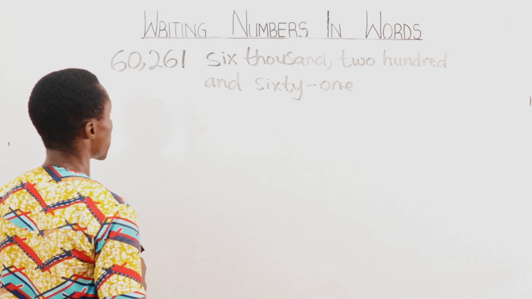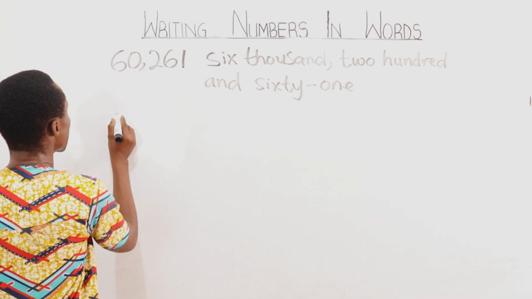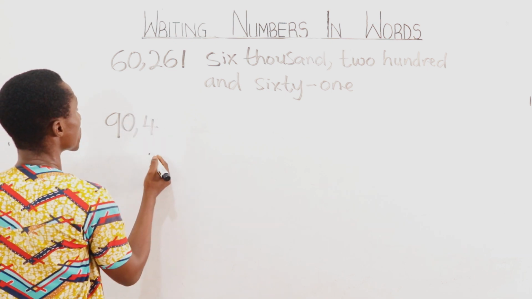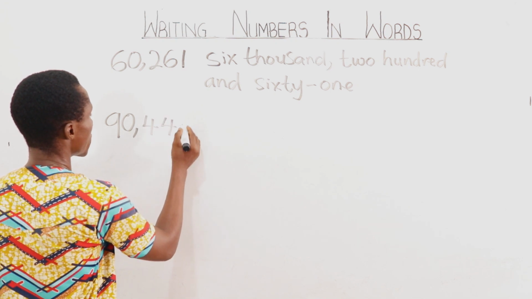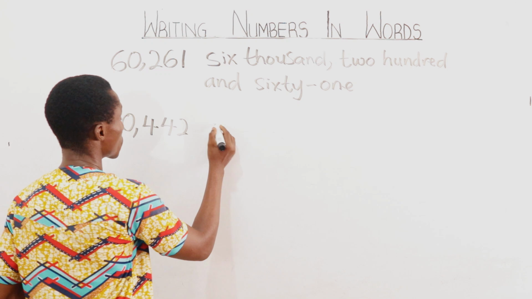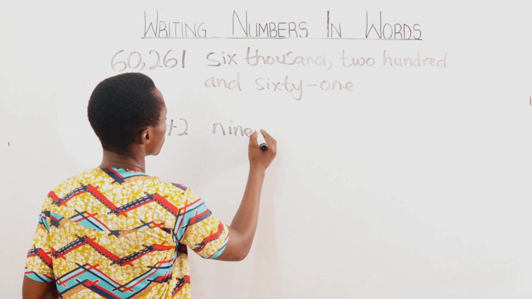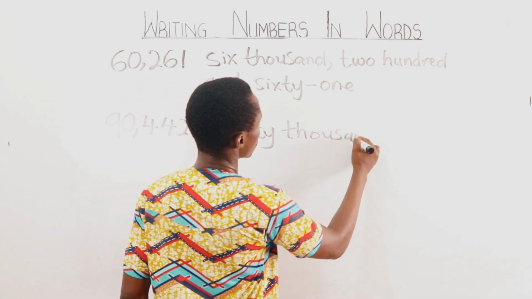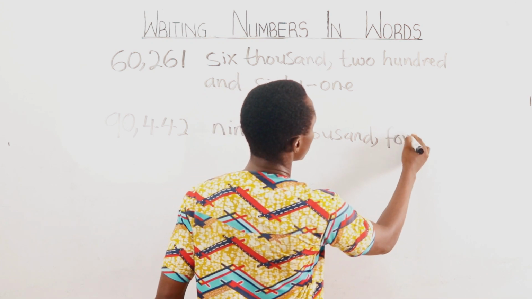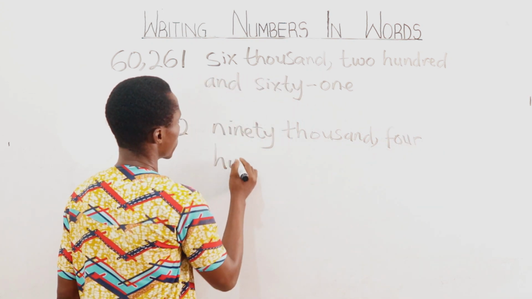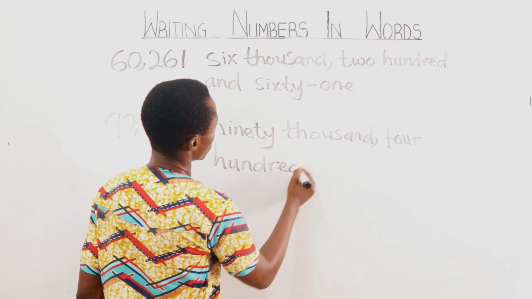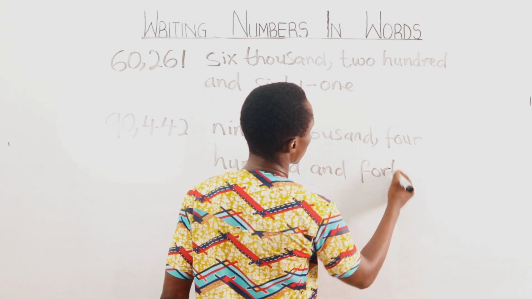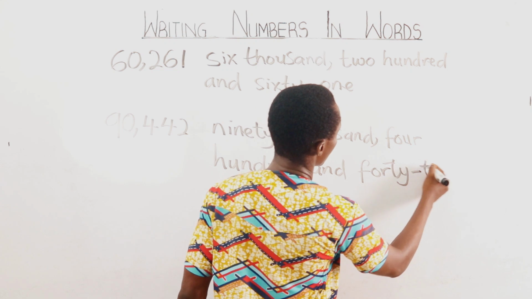Okay, let's look at another example. Let's say 90,000, let's say 442, and that will be 90,000, 400 and 42.